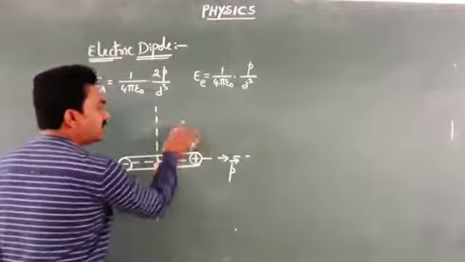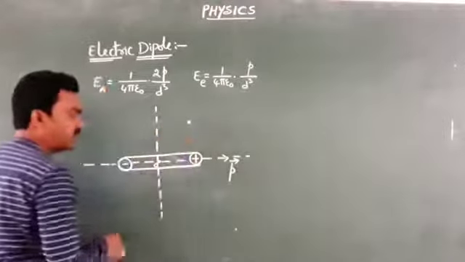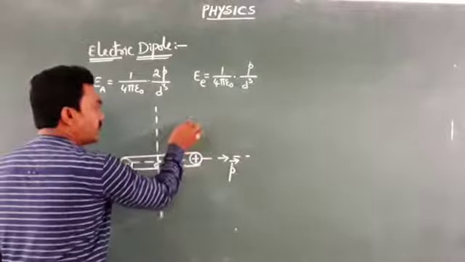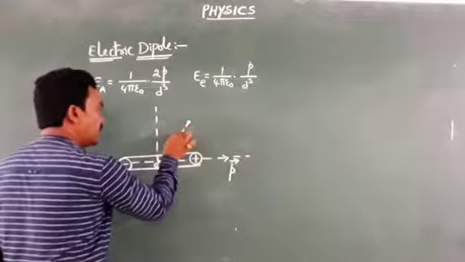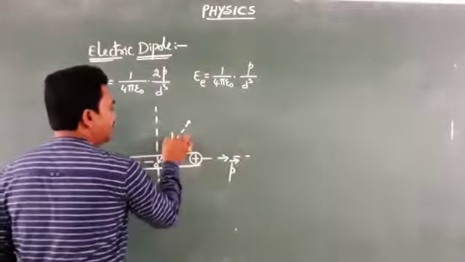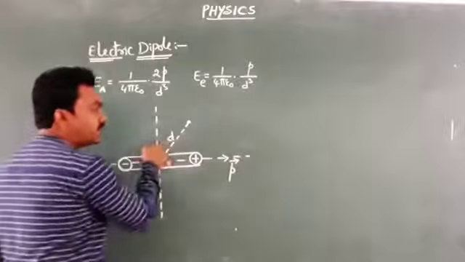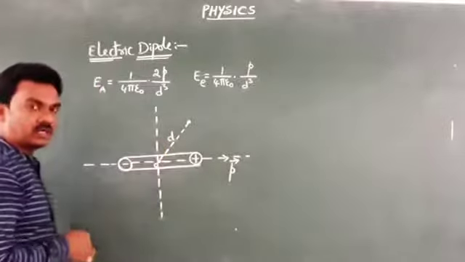Now my point is not on either the equatorial line or the axial line. My point is somewhere else. Of course, the distance of the point from the center of the dipole is d. And this distance will not be enough to locate that particular point.